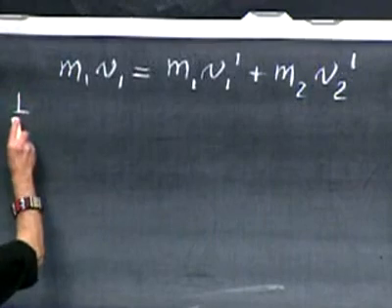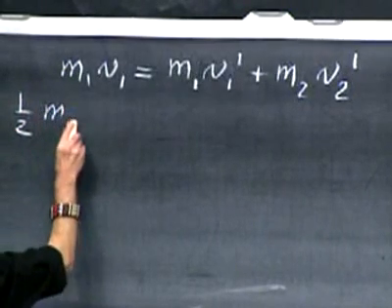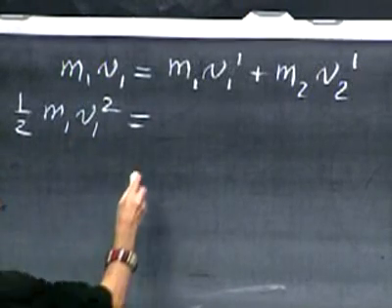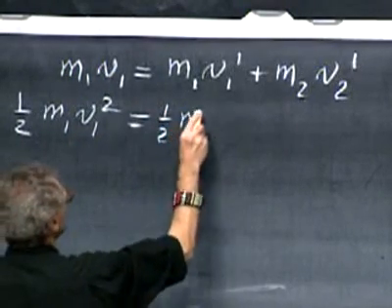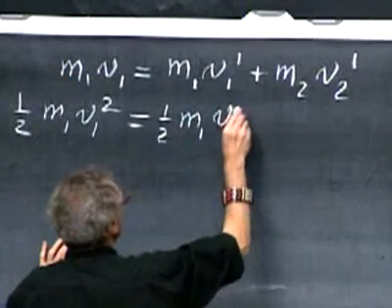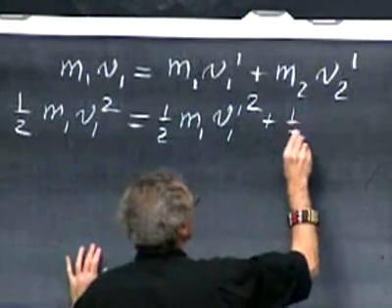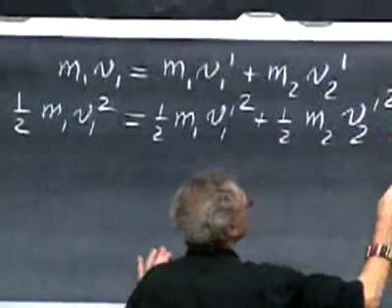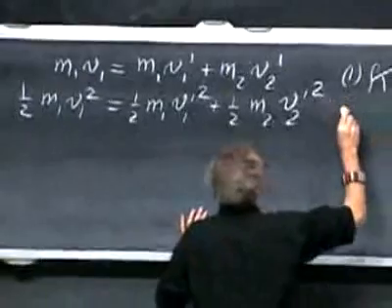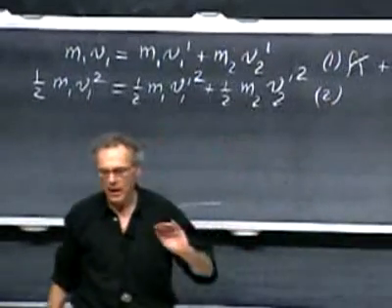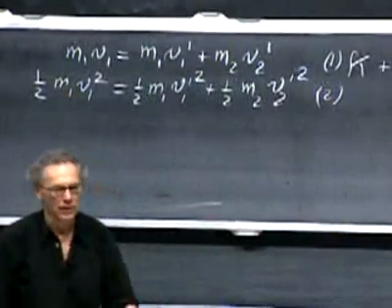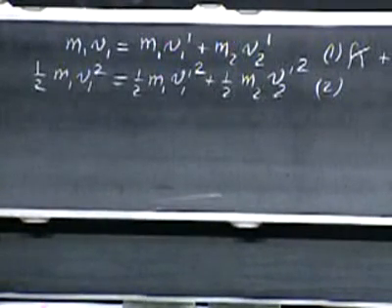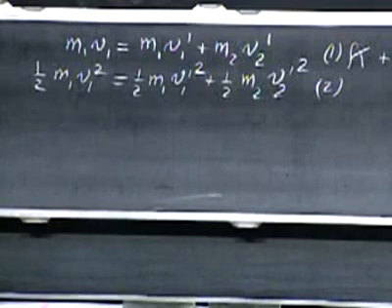And so I can write down now 1/2 m1 v1 squared, that was the kinetic energy before the collision, must be the kinetic energy after the collision: 1/2 m1 v1 prime squared plus 1/2 m2 v2 prime squared. This is my equation number 1, and this is my equation number 2, and they can be solved. You can solve them. They're solved in your book. I will simply give you the results, because the results are very interesting to play with. That's what we will be doing today.